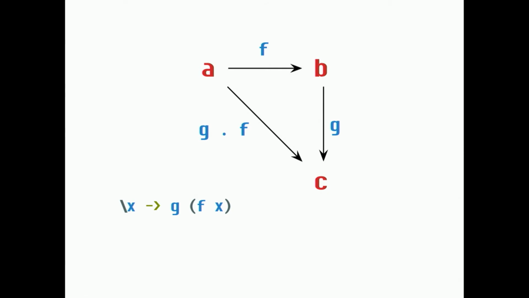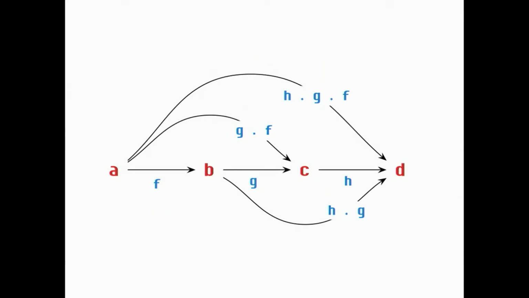As long as the types match up. And composition is associative. That is, if we have three functions, f, g, and h, and we want to compose them into the composite function h compose g compose f, it doesn't matter if we compose f with h compose g, or if we compose h with g compose f. It's all just the one composite function.